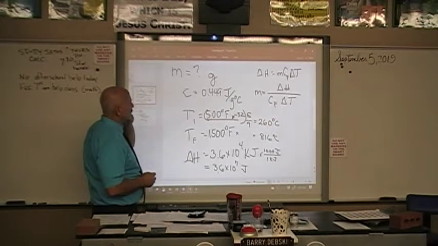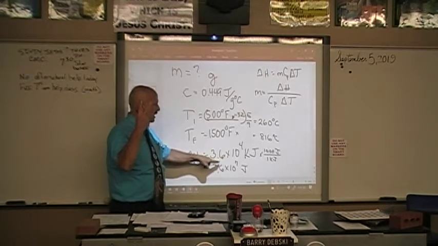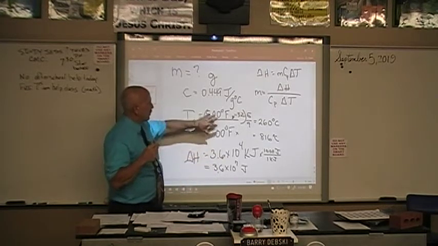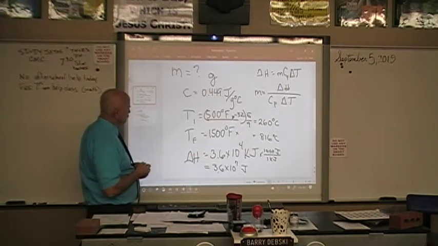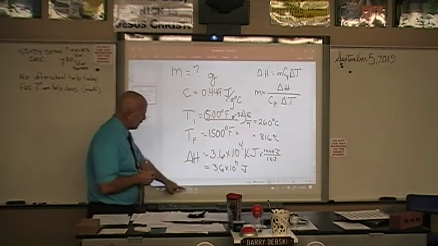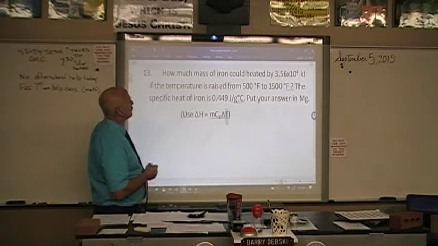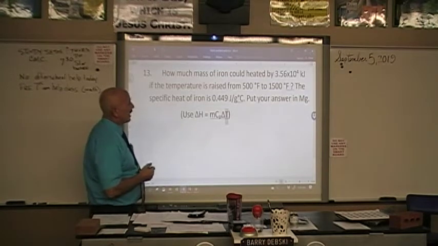My delta H value is definitely 2 sig figs down here. And these temperatures would be 1 sig fig and 2 sig figs, kind of, I think. Temperatures are always tricky. They're pretty exact.